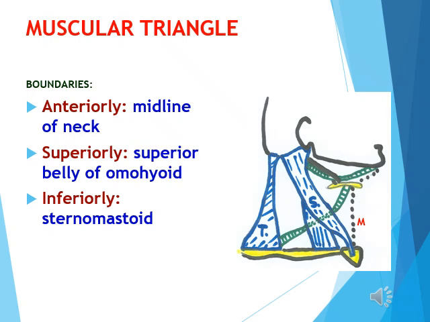Anteriorly, the midline of the neck, from the chin to the sternum. Superiorly, the superior belly of the omohyoid muscle. Inferiorly, the anterior border of the sternocleidomastoid muscle. So, anteriorly midline of the neck, superiorly superior belly of omohyoid muscle, and inferiorly sternomastoid muscle.